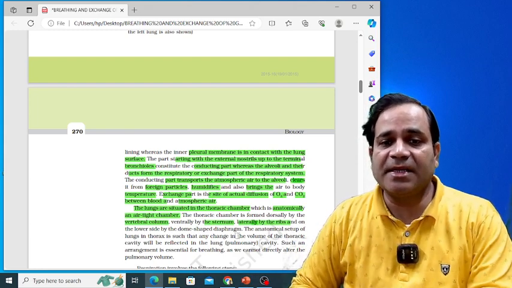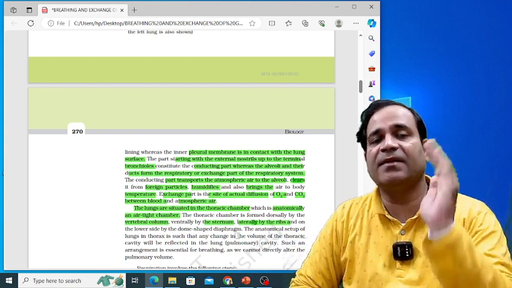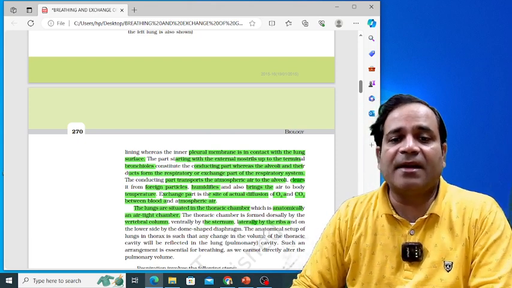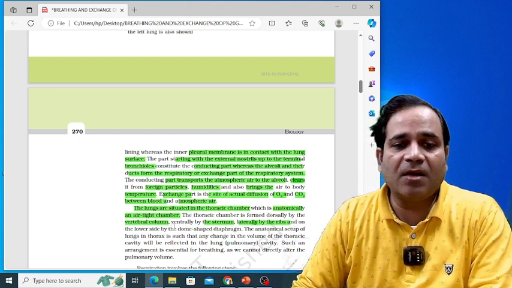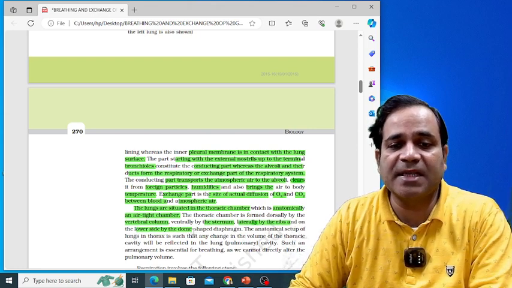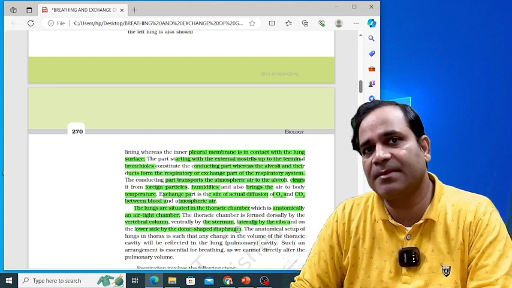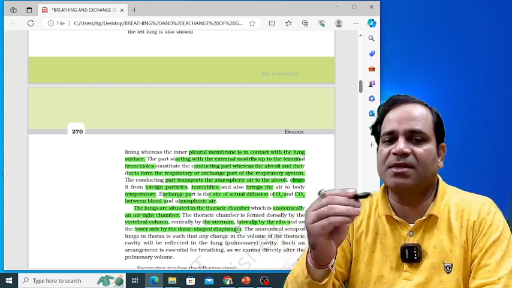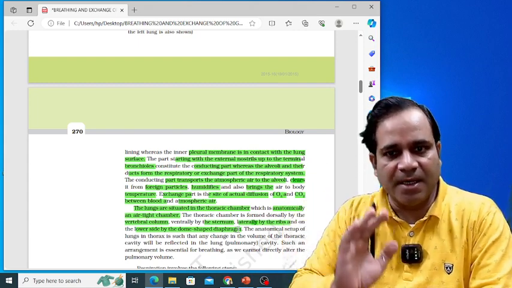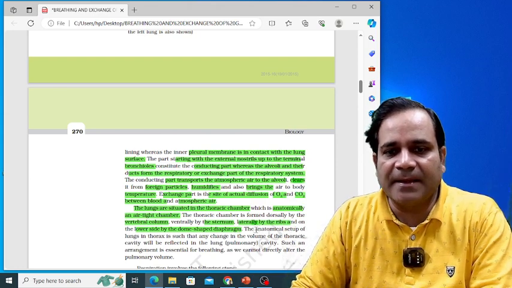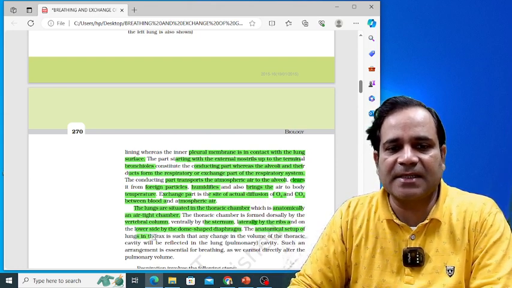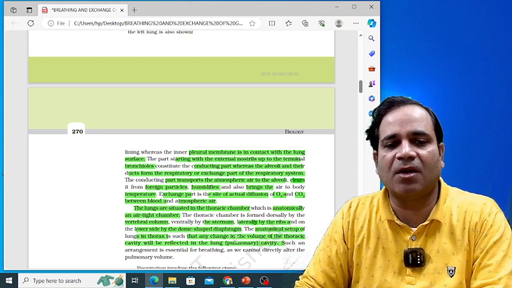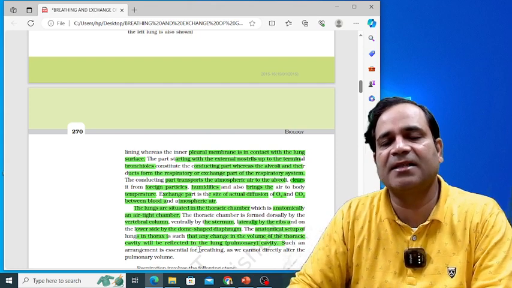So the thoracic chamber is formed dorsally by the vertebral column, ventrally by the sternum, and laterally by the ribs, and on the lower side by the dome-shaped diaphragm. The anatomical setup of the lungs in the thorax is such that any change in the volume of the thoracic cavity will be reflected in the pulmonary cavity.